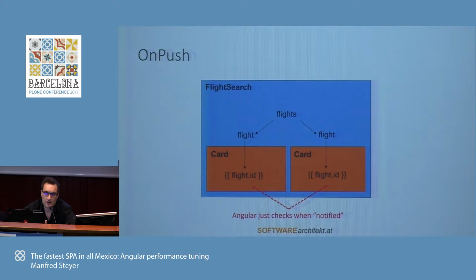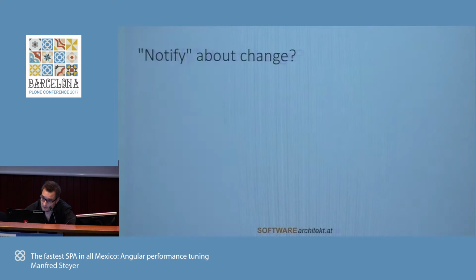So the question arises how to notify Angular about a change, and the answer is we can do several things. For instance, we can change bound data, data that has been bound with a property binding, data that has been bound to an input property.